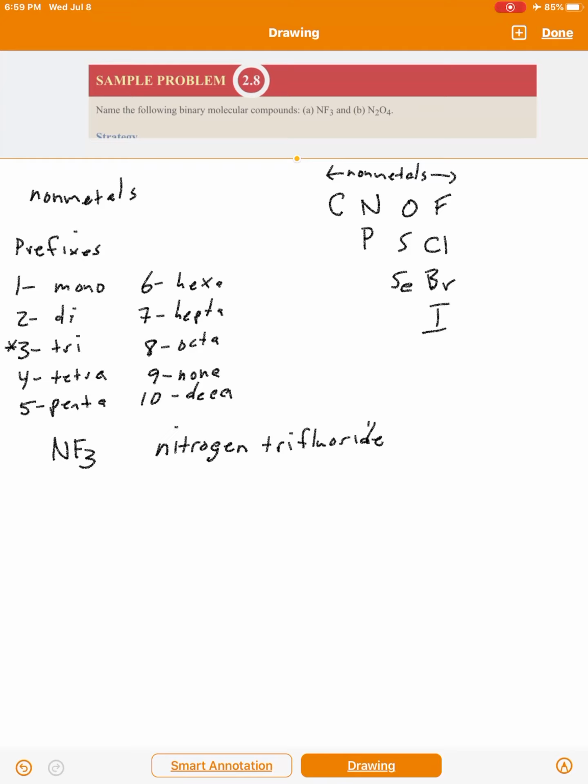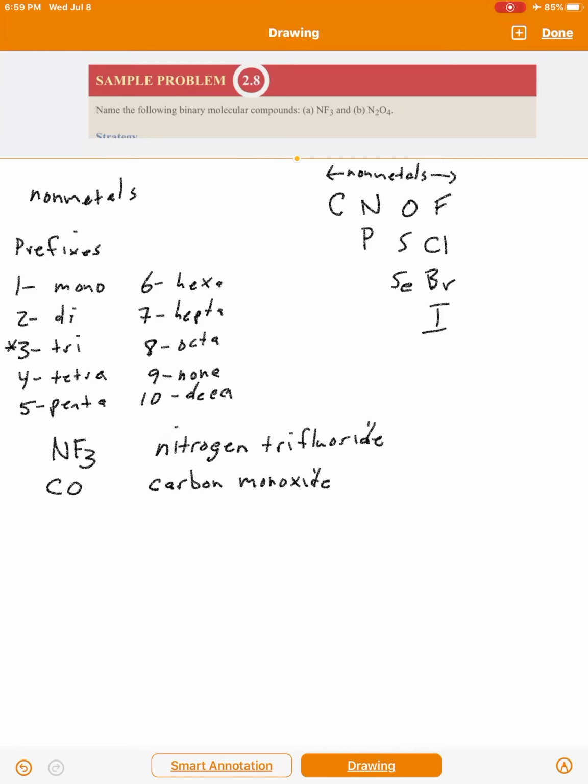You do put mono on the second element. So for example, if I had CO, it would be carbon monoxide. And we do avoid two O's, so not monooxide, but monoxide. You're not using the mono on the first element, but you do use it on the second one.